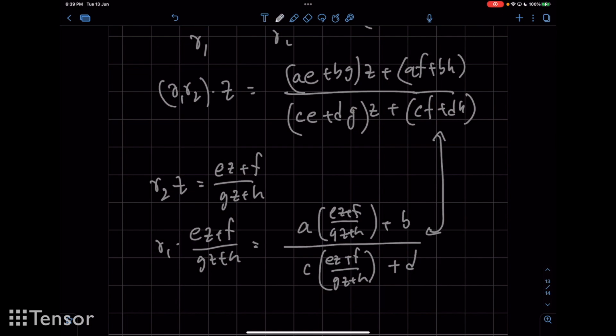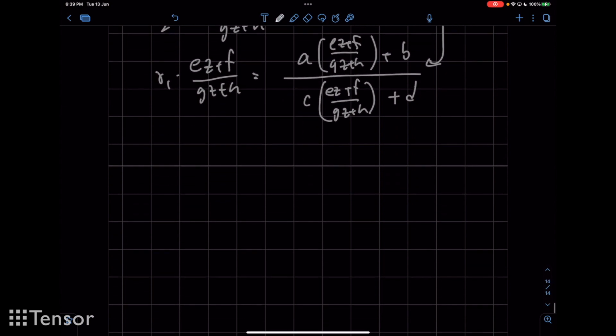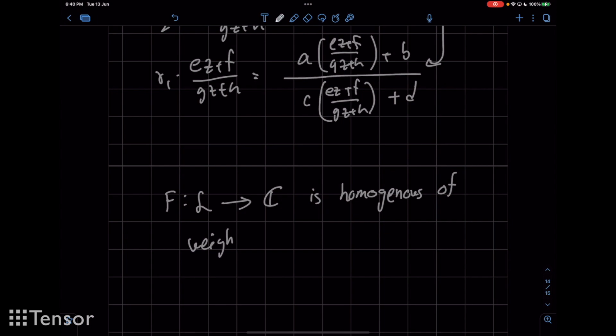All right. Now let's get back to our homogeneous function of weight k. Let's say f from the set of lattices to the set of complex numbers is homogeneous of weight k.